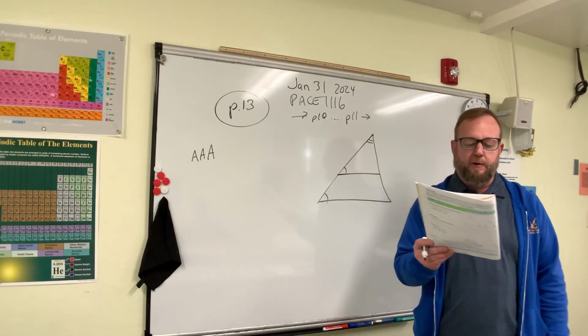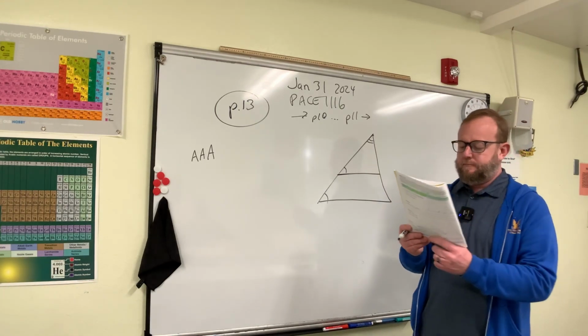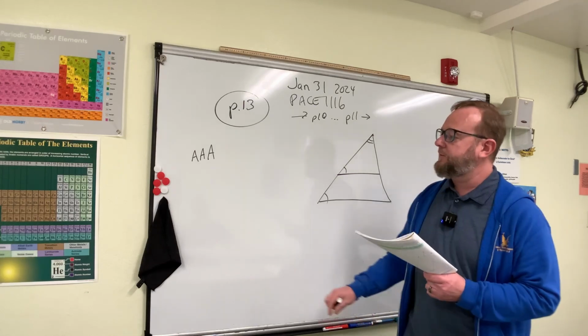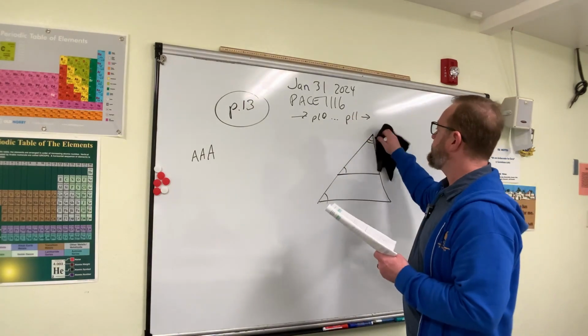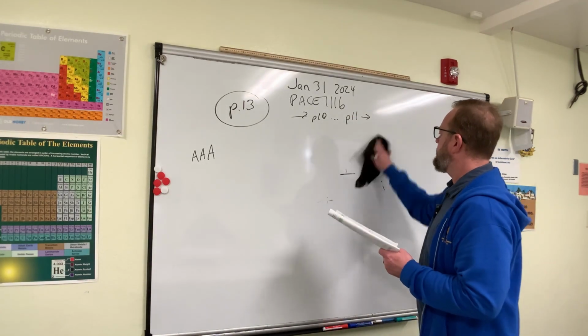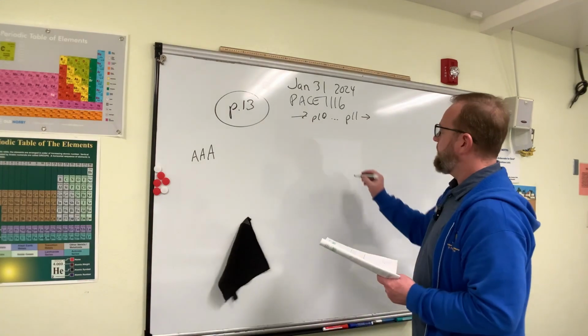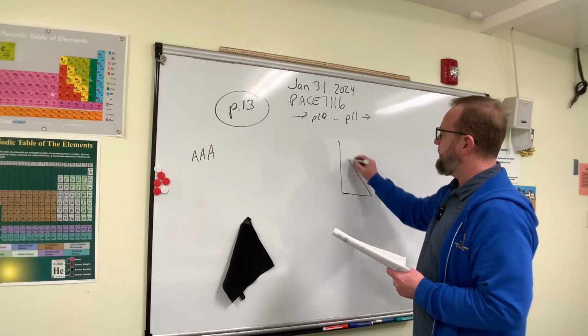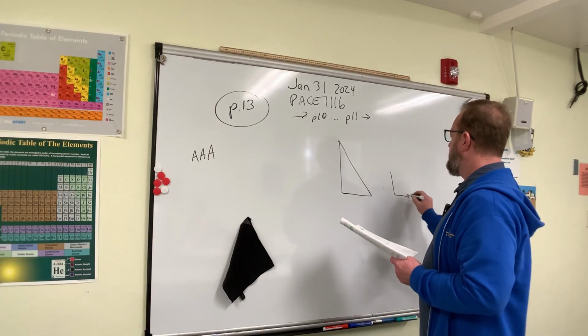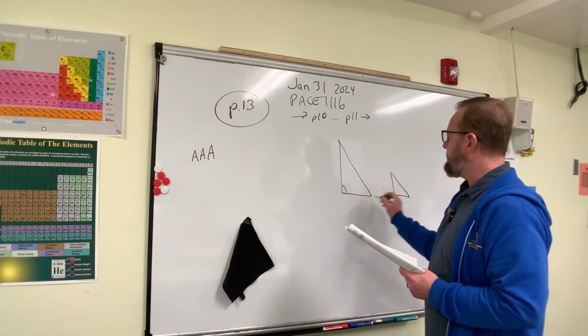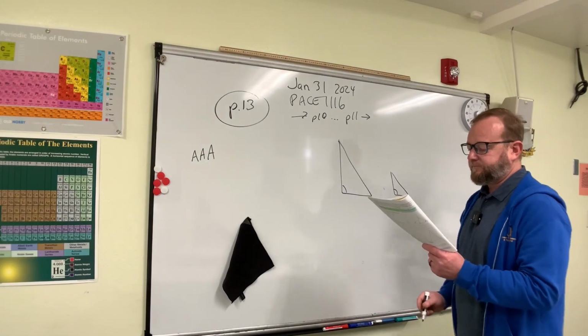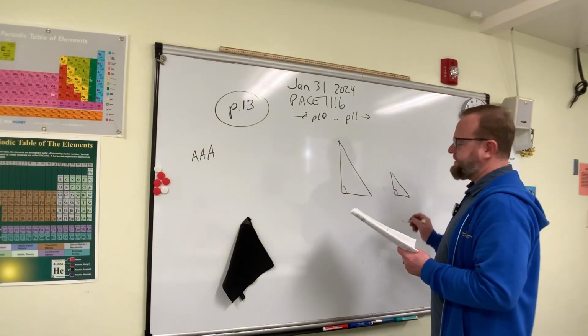For number 4, they've drawn 2 triangles side by side. They sure do look similar. And in fact, they marked that one angle. And then they gave you lengths of the sides.